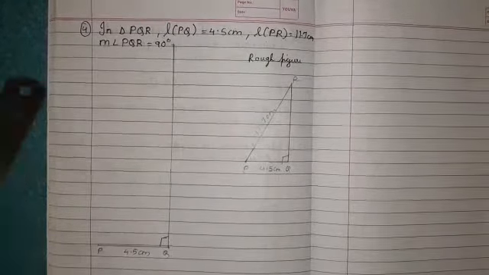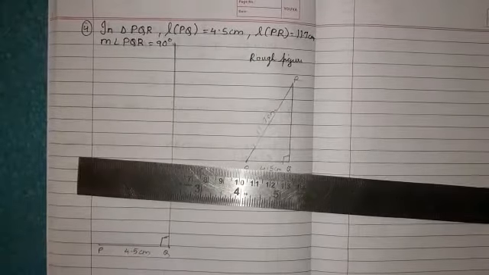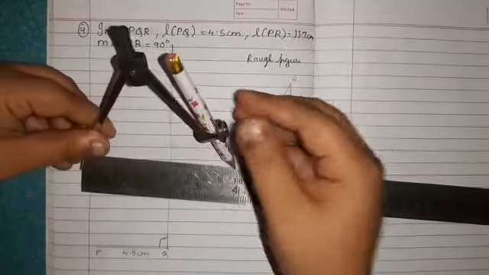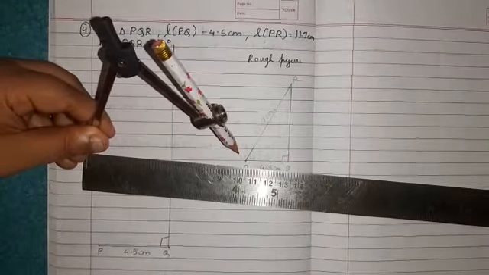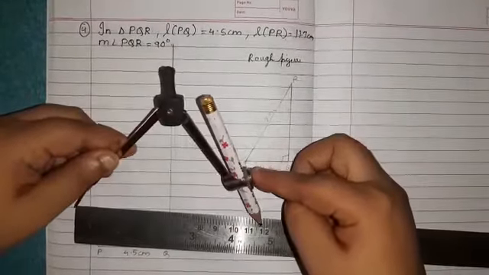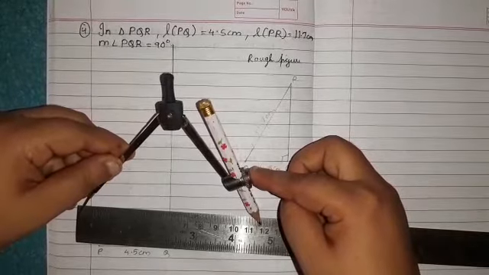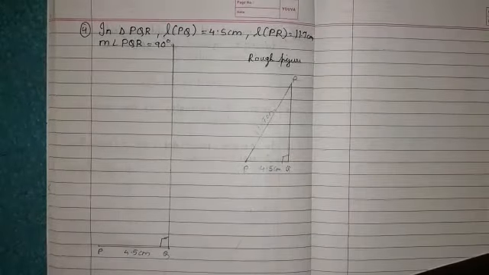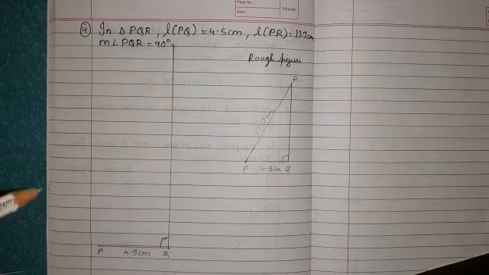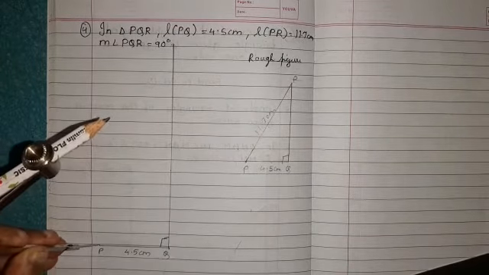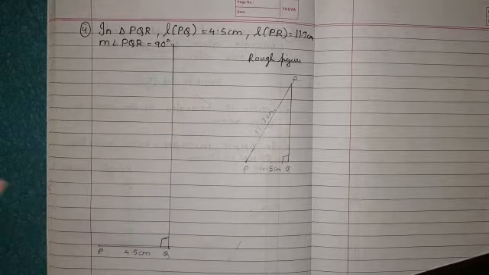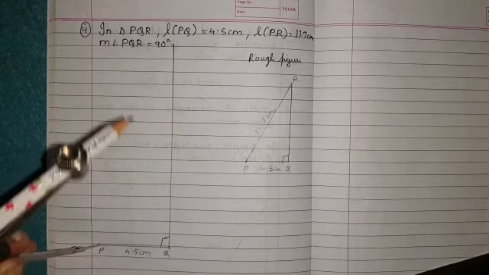Okay. Now I will take my scale and in compass I am going to take measurement 11.7. So here I have taken distance of 11.7 in my compass. Now I will keep it on P because PR is 11.7. So I will keep on P and I will draw an arc on our 90 degree angle's line.